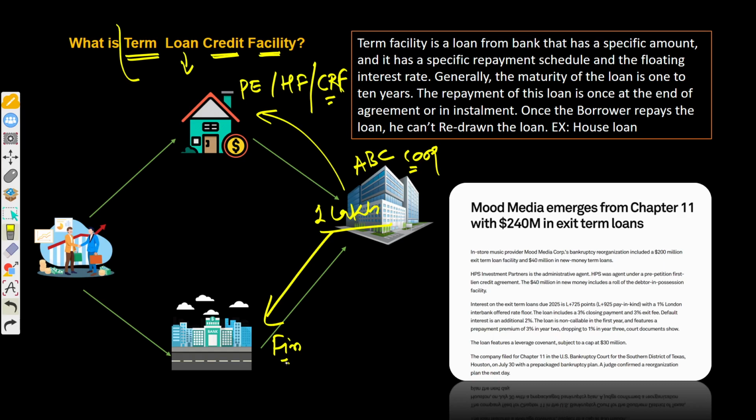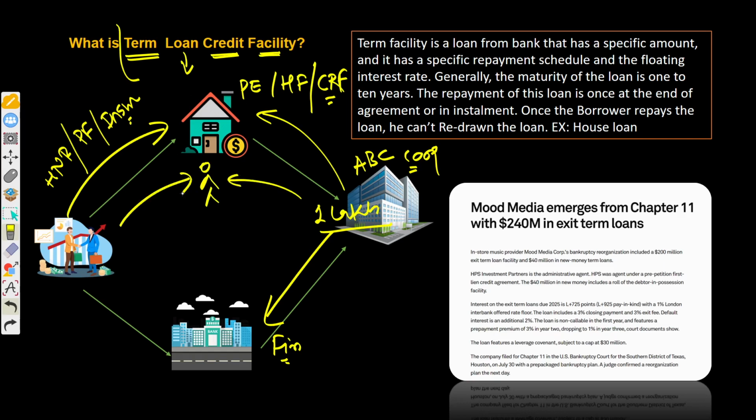But again, here if you see investors, it can be HNIs, pension funds, insurance companies. They invest in private equity funds, hedge funds, and credit funds, where private equity fund managers help companies to raise funding or targeted funding or commitment.